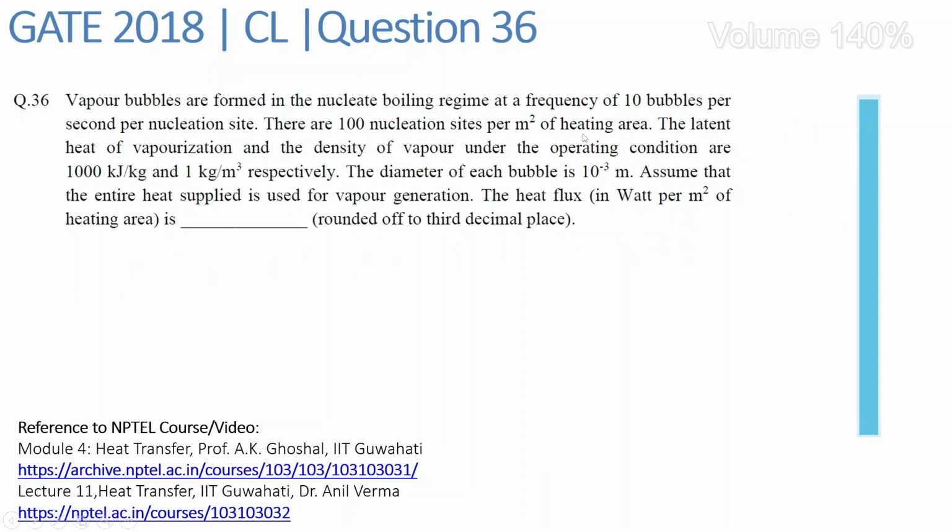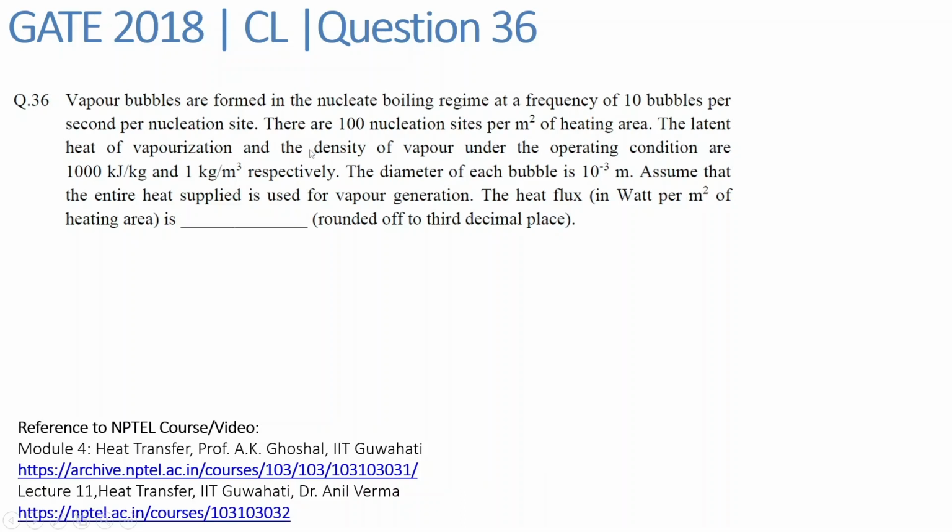Hello everyone. We are solving question 36 of GATE 2018 chemical engineering paper from the subject of heat transfer. The question is: vapor bubbles are formed in nucleate boiling regime at frequency of 10 bubbles per second per nucleation site. There are 100 nucleation sites per meter square of heating area.